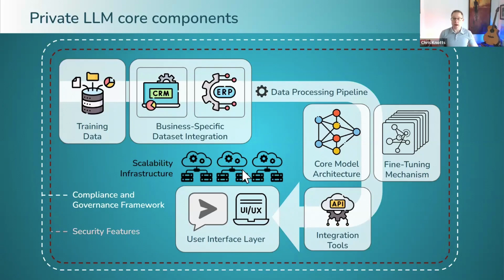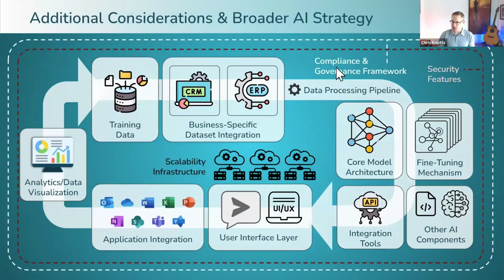Okay, so now that I've gone over the core architecture, let's talk about other aspects you might want to consider, either from the beginning or later on, in order to broaden and expand your overall AI strategy. Here are some additional components that may come into play and would need to be integrated with the solution architecture, and they also touch a little on your broader strategy.